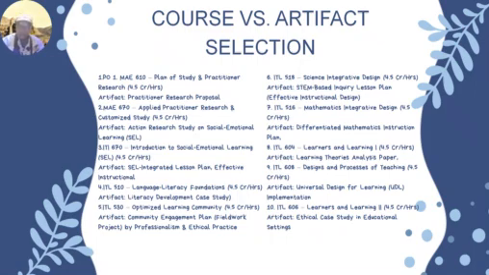ITL 608 was about design and practices of teaching. Phoenix 2, the main artifact, was about universal design for learning, UDL implementation.